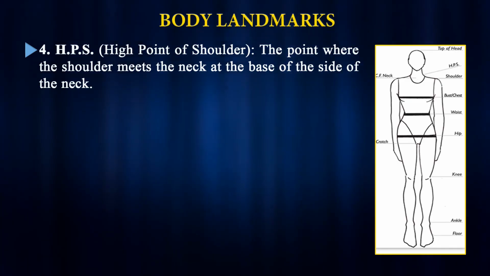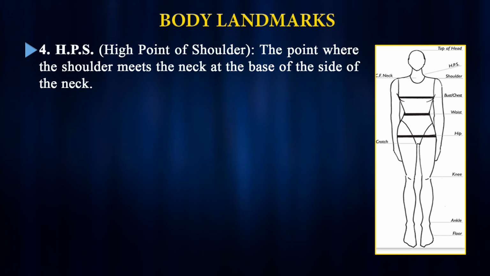This is the high point of the shoulder we take for measurement. For example, if we are taking the full body length, we keep the measuring tape at the high shoulder point, which is at the neck, down to the length we want the dress to be made. This is the high shoulder point.